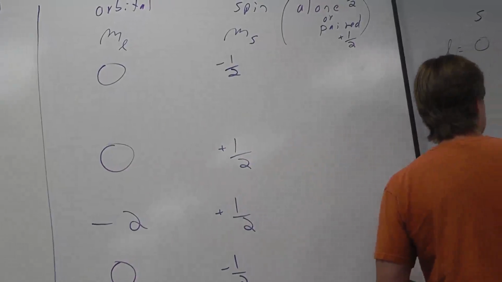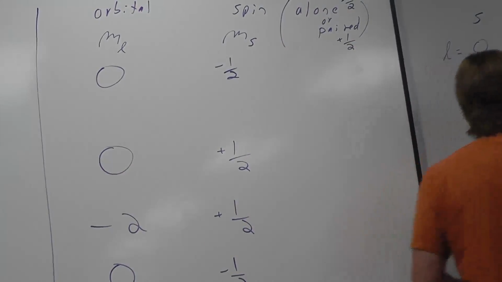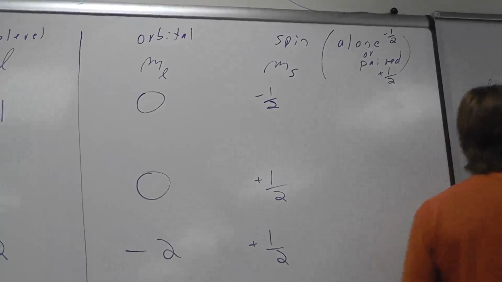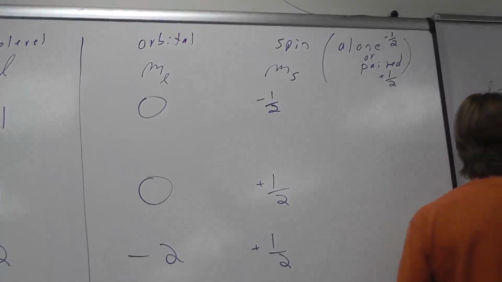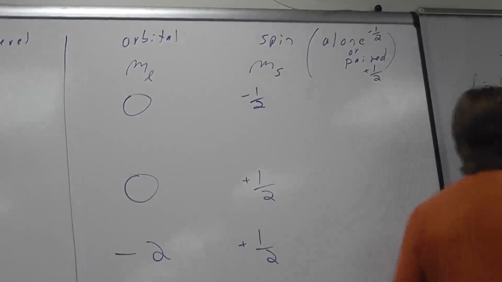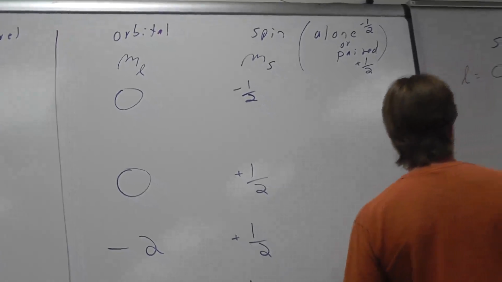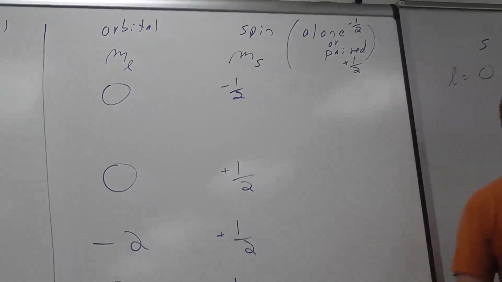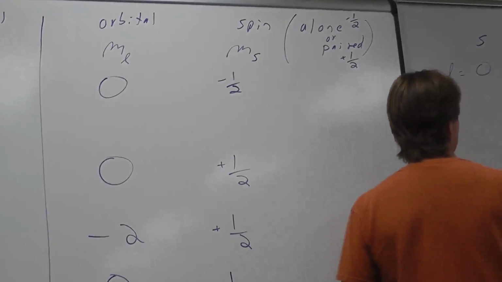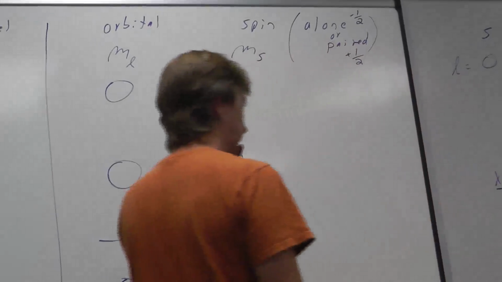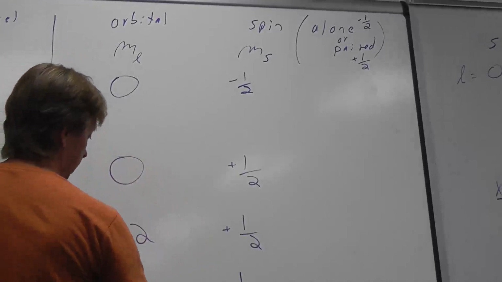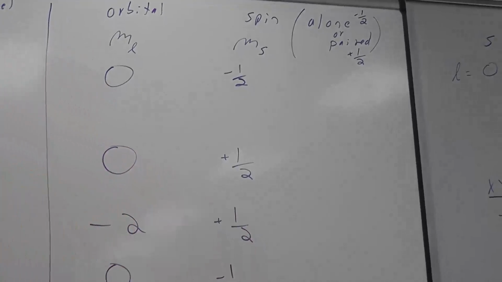How many orbitals in an F sublevel? 7. Center one is called 0. Nine electrons to place. So 1, 2, 3, 4, 5, 6, 7, 8, 9. The last one falls in the -2 orbital, and it's paired up.